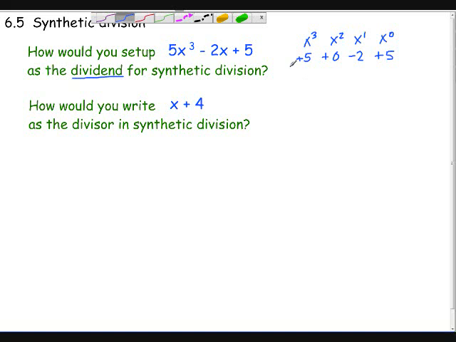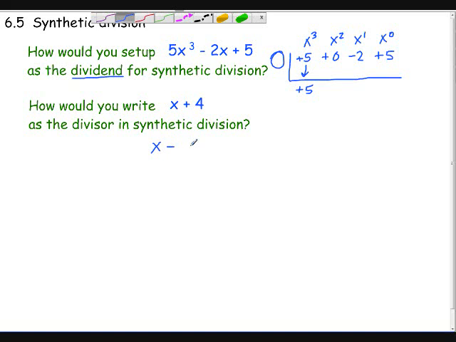Of course, I would do this. And I would prime everything by just pulling this down, wouldn't I? Then I'd multiply by whatever I would get for my divisor. So suppose this were the divisor. How do you write that?